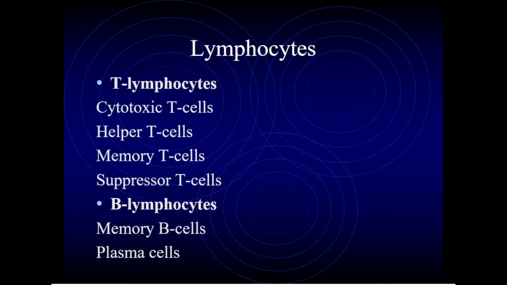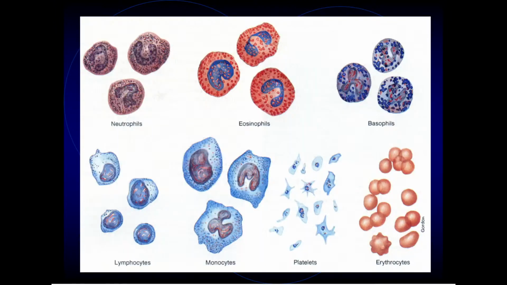And the last type of leukocytes is called lymphocytes. Here on the slide, you may see how they look. Some lymphocytes are formed in the bone marrow, but most are formed in the lymph nodes and spleen from precursor cells that came from the bone marrow.